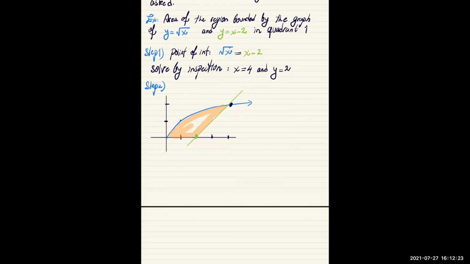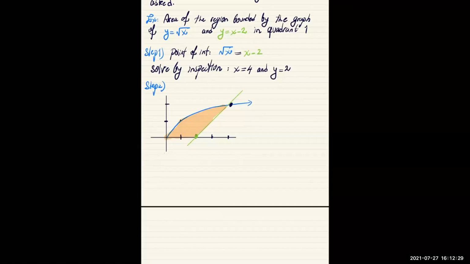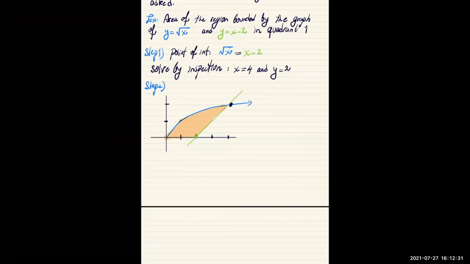Okay, but this region, I shouldn't be shading it yet because it's compound. Why is it compound? Throughout the region, the top or bottom boundaries are not consistent.